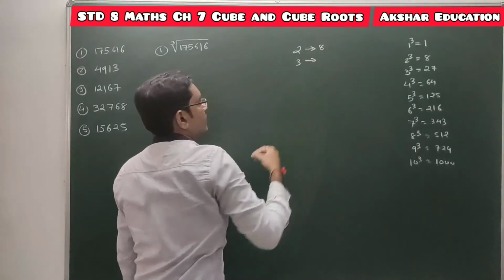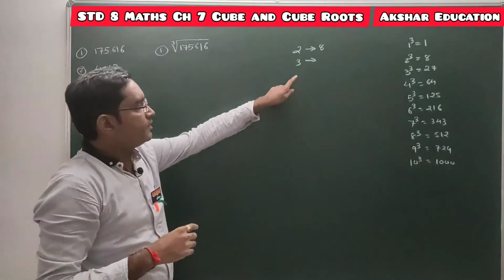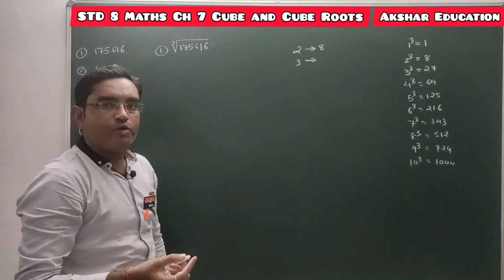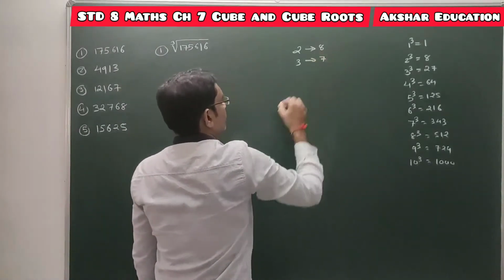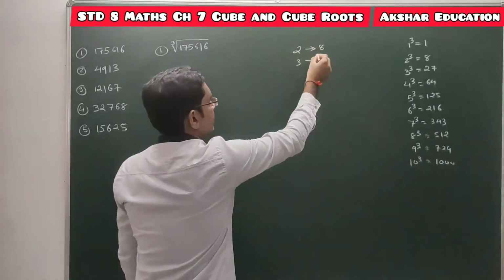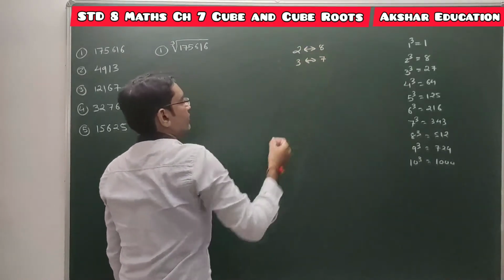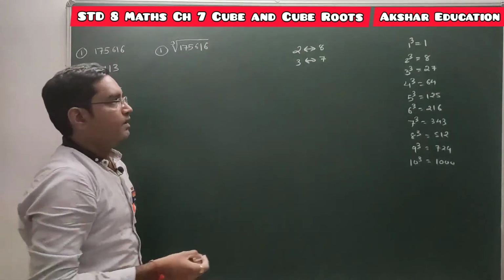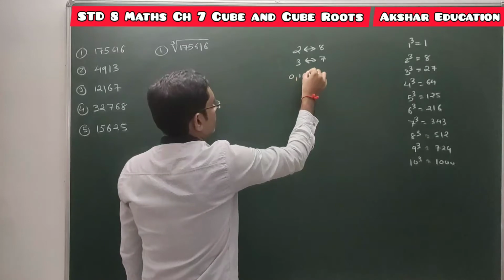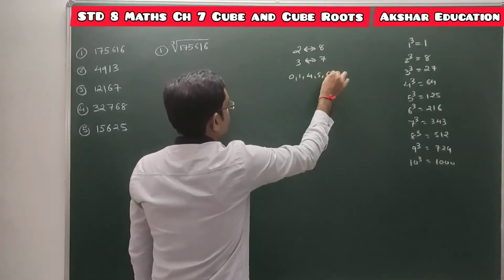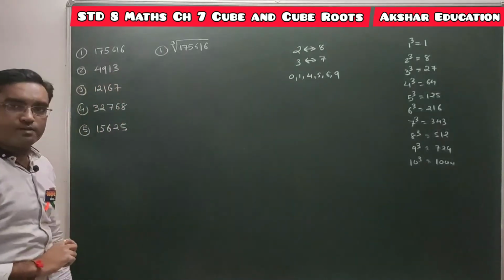Similarly, if the unit place digit is 3, then we get 7 at the unit place of the cube root. Conversely, if 8 is at the unit place, we get 2, and for 7 we get 3 at the unit place. And for the remaining numbers, that is 0, 1, 4, 5, 6 and 9, we get the same digit as the unit place digit.